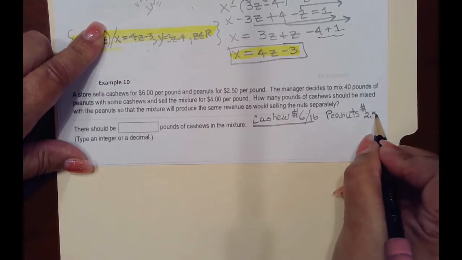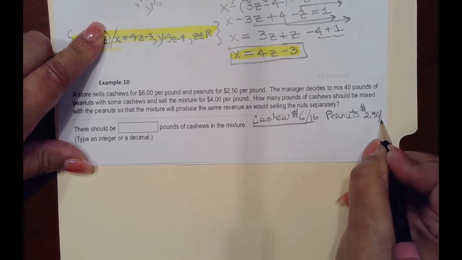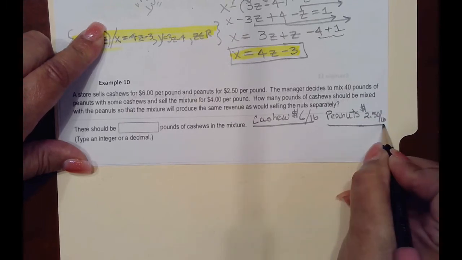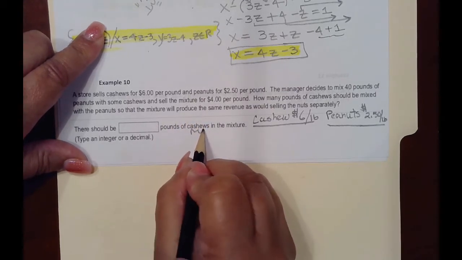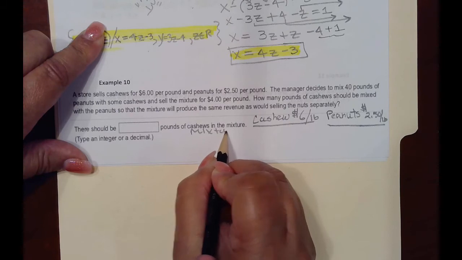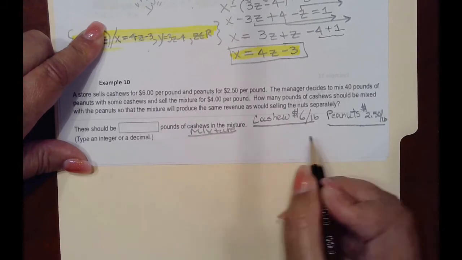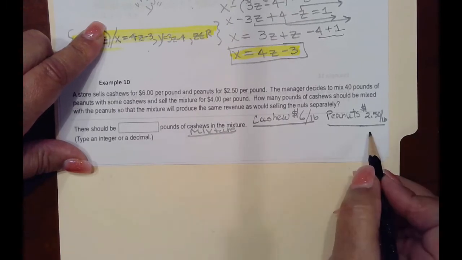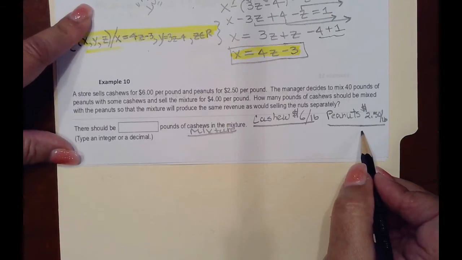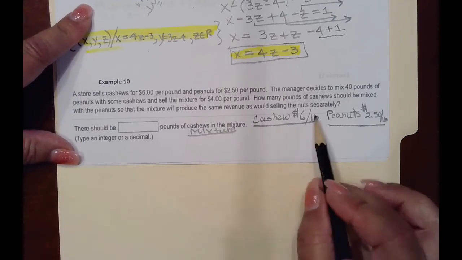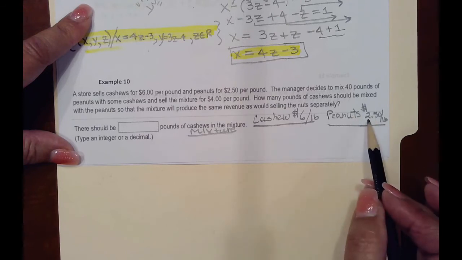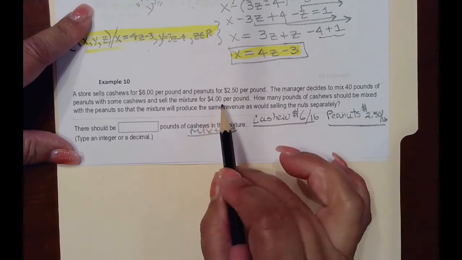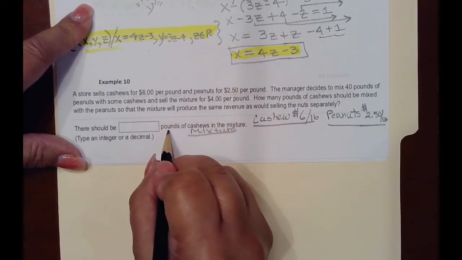So $2.50 per pound. And then we have one other category, which is called the mixture. So 3 categories. Cashews at $6 a pound, peanuts at $2.50 a pound, and then it says you're mixing this expensive type of nut with one that's cheaper so that you can get a price that's in between, and that would be $4 per pound.